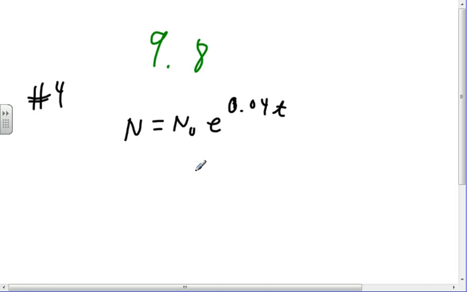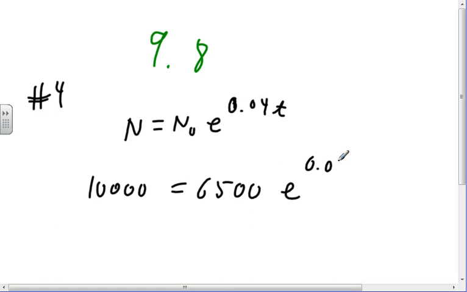All right. Where t is in hours, N naught is the initial amount, N is the amount after that time. How long will it take for 6,500? Okay, so I got this: 6,500 e to the 0.04 t, and I'm solving for t.